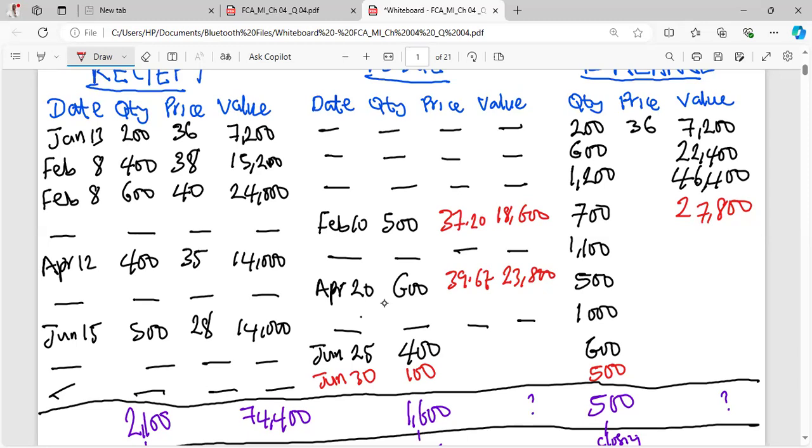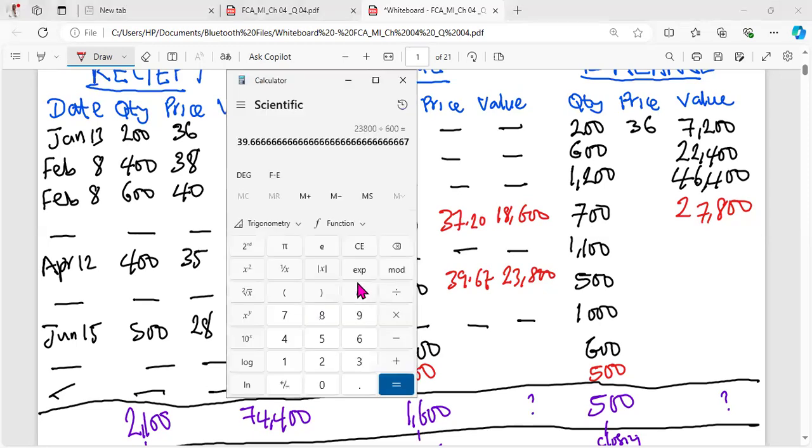So what I would do now, I skipped here. Let's address that. We had 27,800 as value balance before, and we brought in goods worth 14,000.